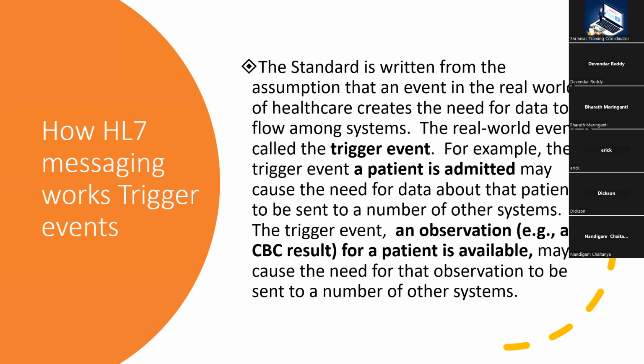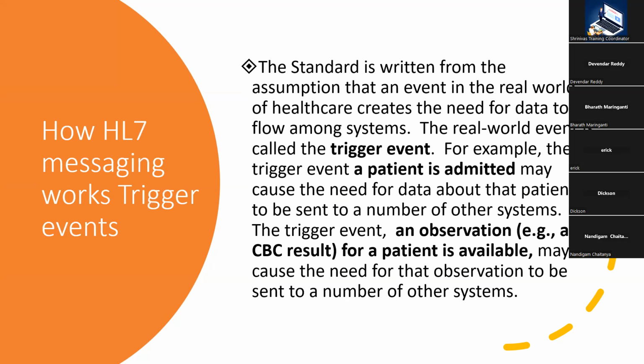Okay, now let us take a look at how HL7 messaging works, or how the HL7 messaging trigger works. HL7 is basically written on a principle called trigger event. We'll be exploring more about trigger events tomorrow, but just to introduce you to this concept.